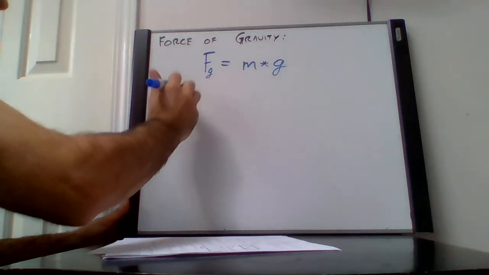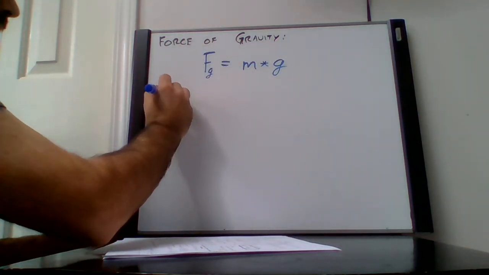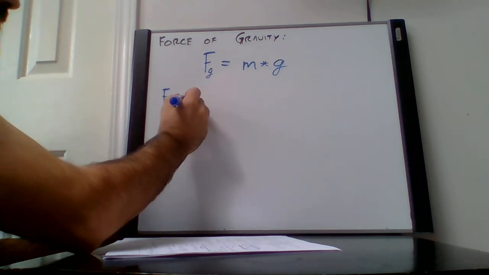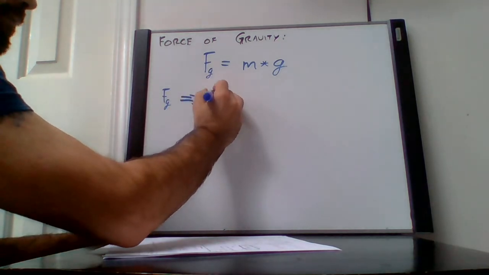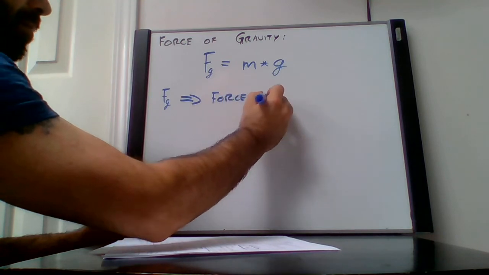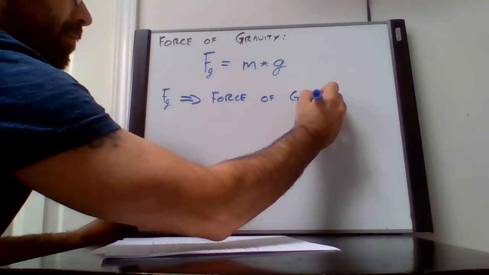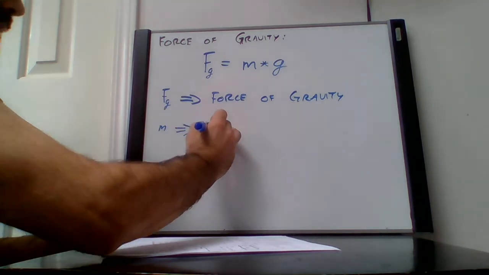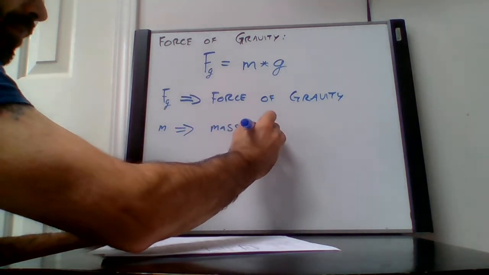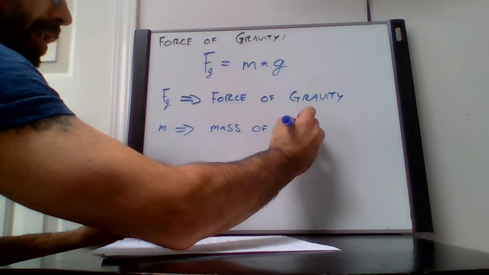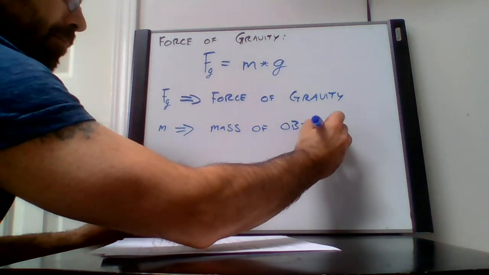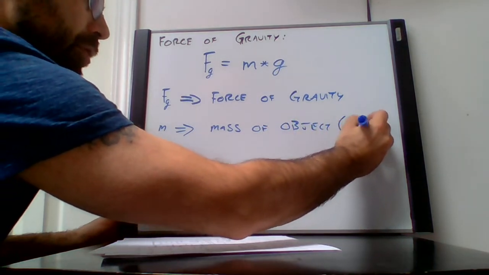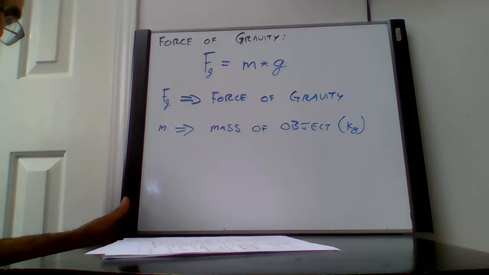So what we have here then is F sub g is the force of gravity. m is the mass of the object, being sure to use that in kilograms.